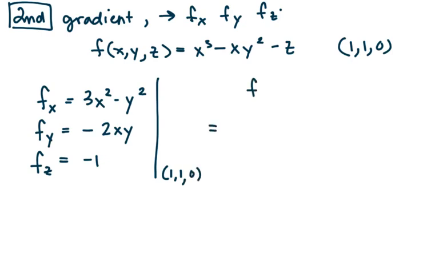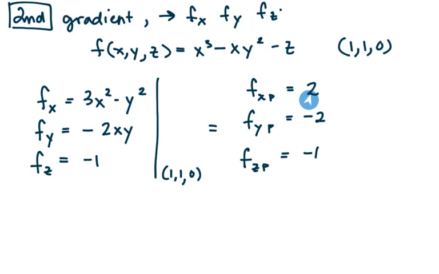So that gives me the partial of f with respect to x at that point. I have 3 times 1 squared minus 1 squared, which is 2. Partial with respect to y at that point is going to be negative 2 times 1, or negative 2. And the partial with respect to z at my given point is negative 1.